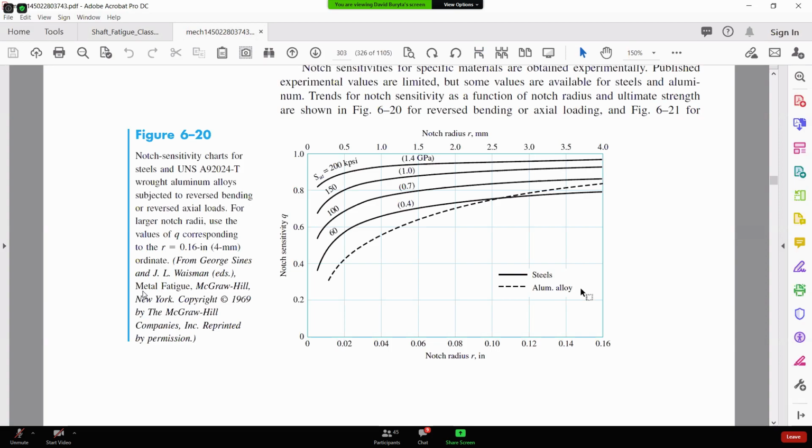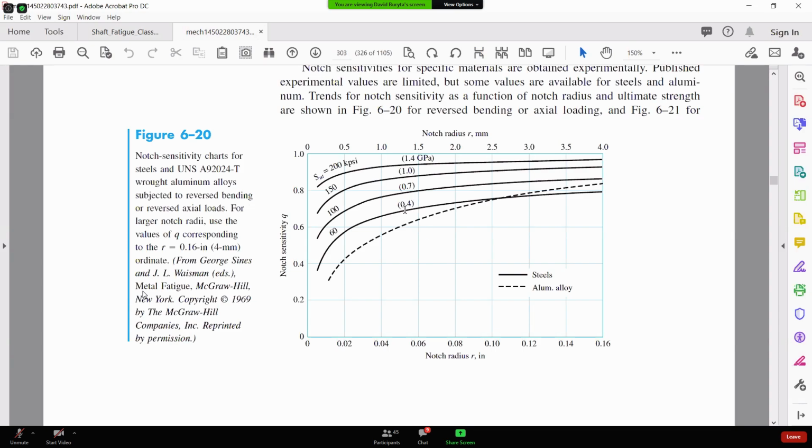From table TA-20 for AISI 1006 hot rolled, the tensile strength, they're saying here that it's 43 ksi, but we're in the metric system, so it's 300 MPa. You'll notice that on this figure they give it to us in gigapascals, so 300 megapascals is actually 0.3 gigapascals.